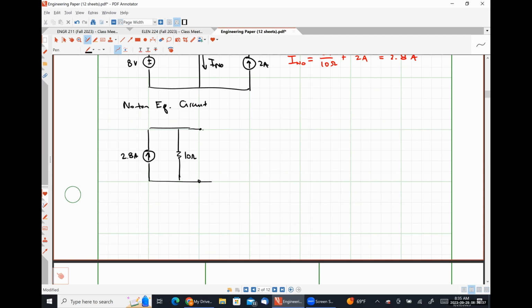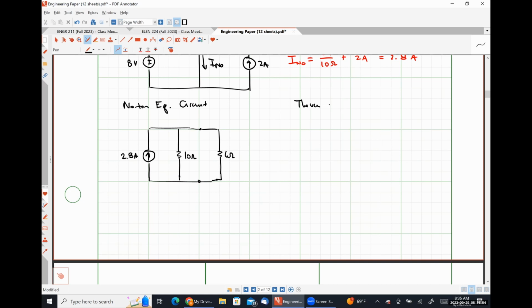And then that is connected across the terminals of our 6 ohm resistor. So that's our Norton equivalent circuit.